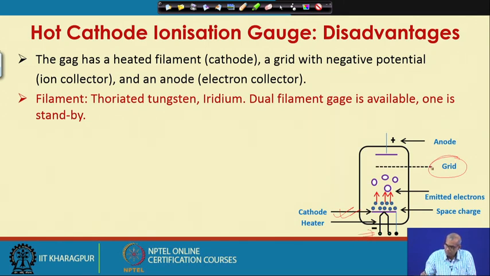So, it has a negative potential, and you have an anode which is positively charged, an electron collector. The filament is typically made of thoriated tungsten or iridium.